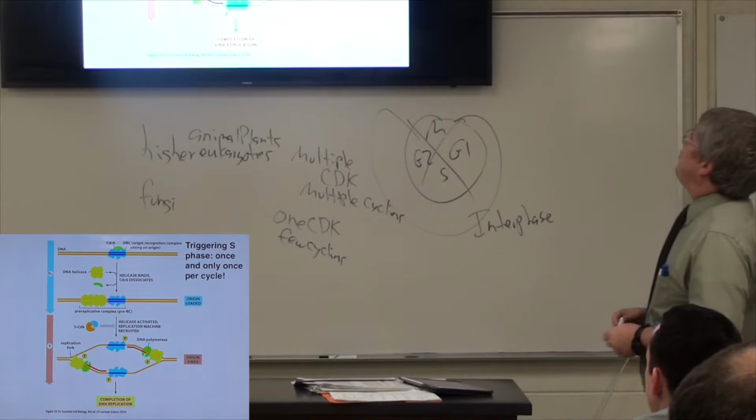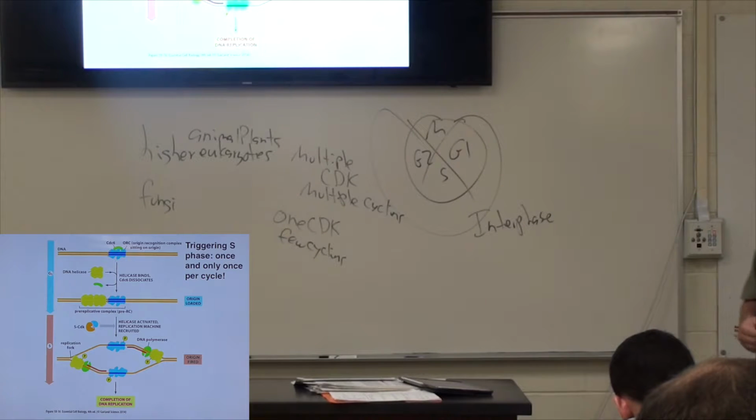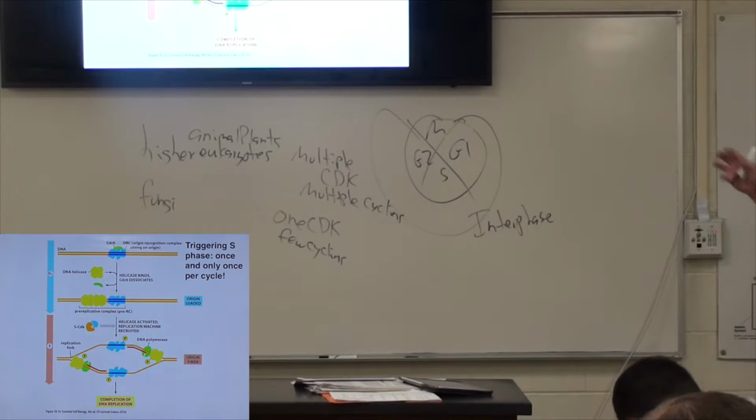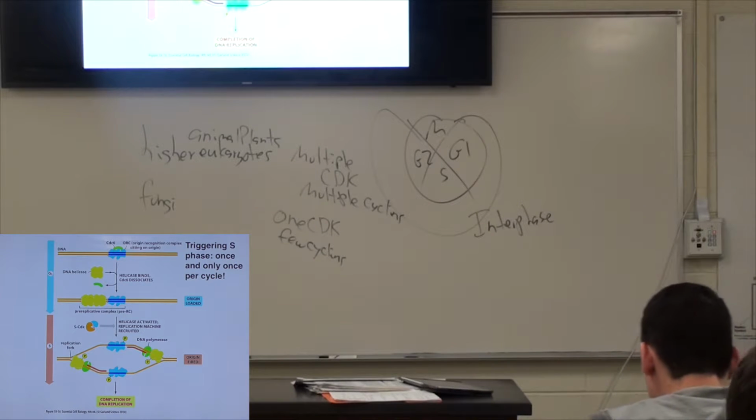So here's your DNA. Where you're going to start replicating is the origin of replication. I think we've talked about origins of replication, have we not? We talked about replicating a little bubble that comes out. So at your origin of replication, there's a whole bunch of proteins that sit there called the origin recognition complex. They sit on that origin, which is part of the DNA, and they get ready to start replicating. And one of those is CDC6. Again, CDC comes from Hartwell's screen, although I don't remember if this is Hartwell's CDC6 or Nurse's CDC6.